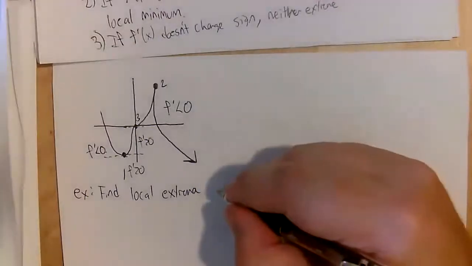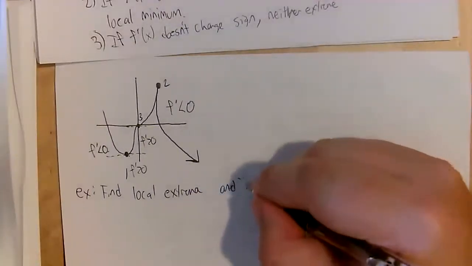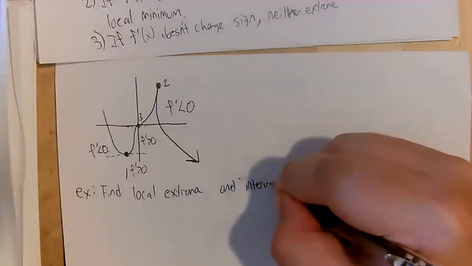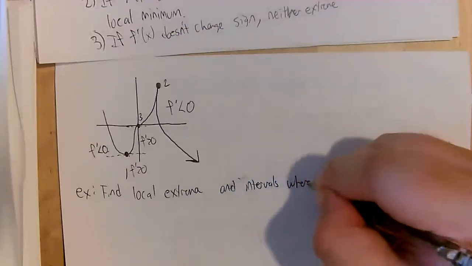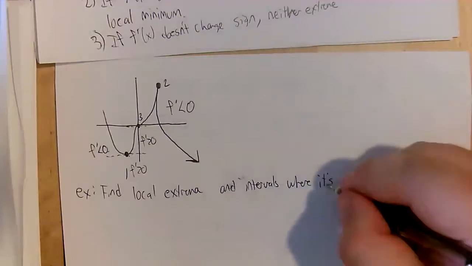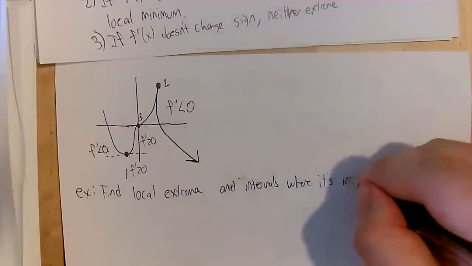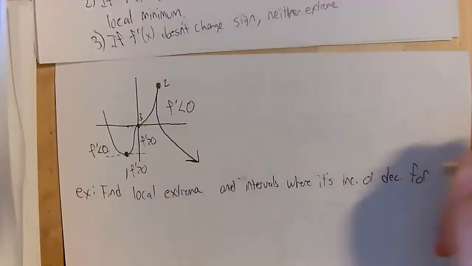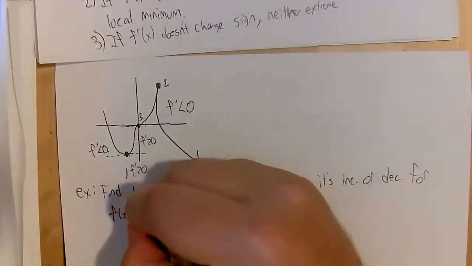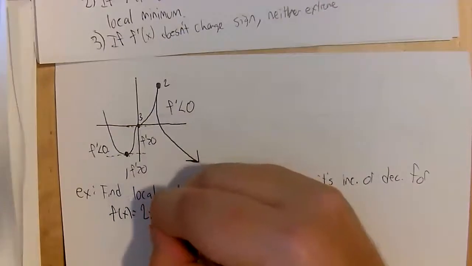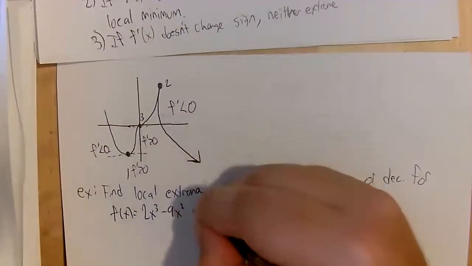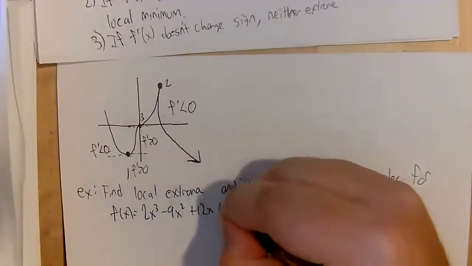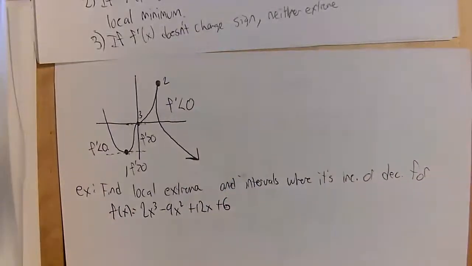Find the local extrema and intervals where it's increasing or decreasing for the function f of x is 2x cubed minus 9x squared plus 12x plus 6.